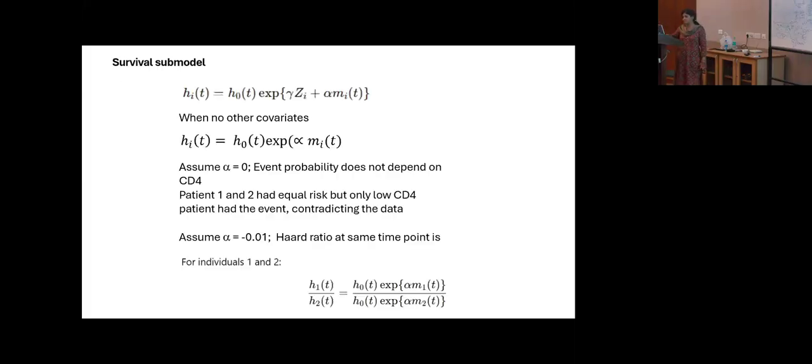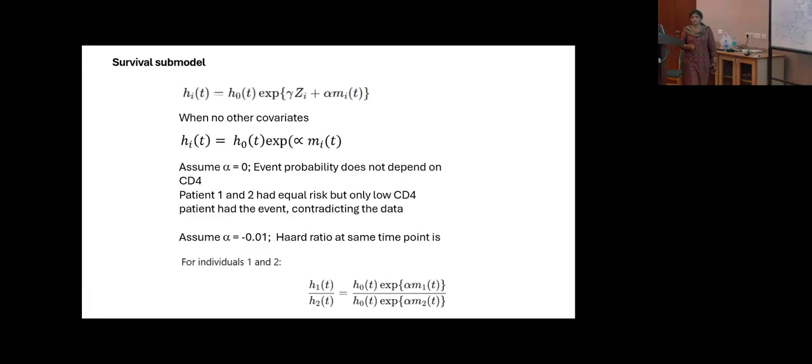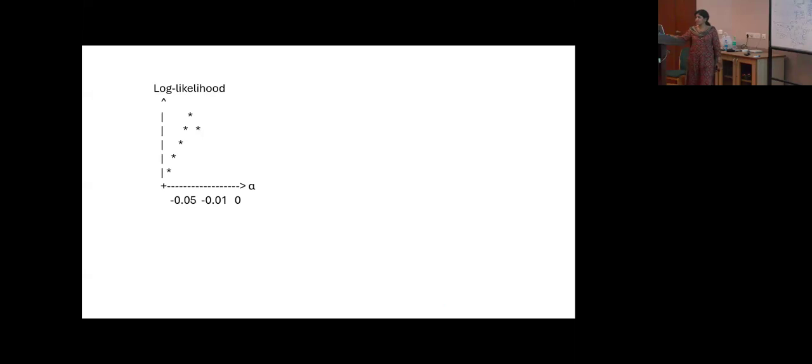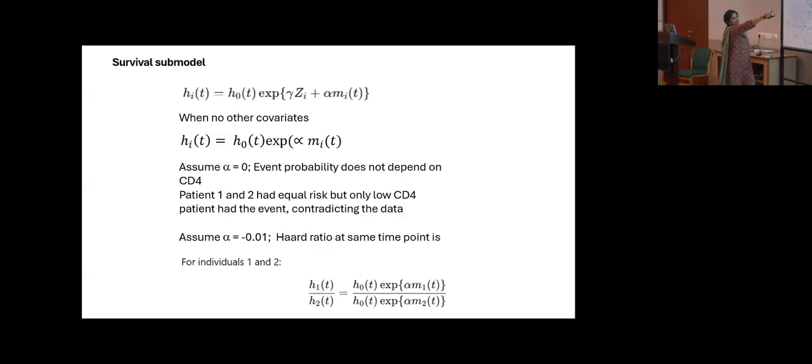Now what it does is, it starts off by assuming that alpha is minus 0.01, and then it calculates the hazard rates. First let's assume alpha is 0.